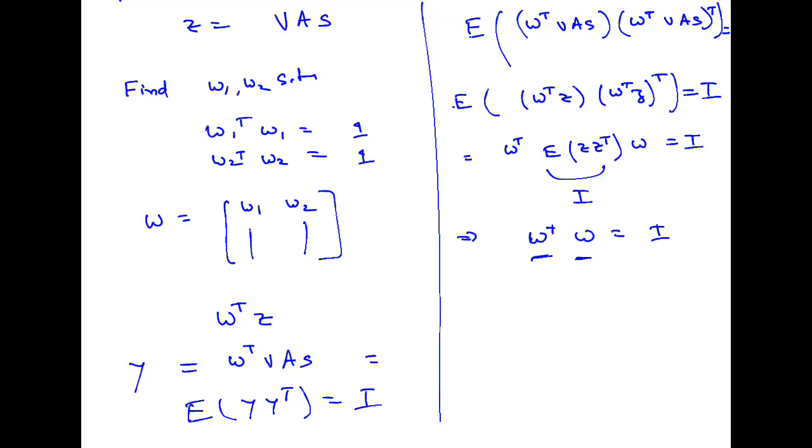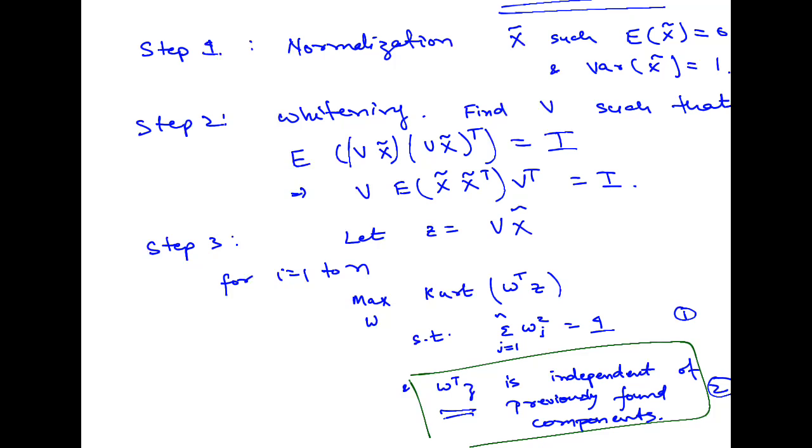So can you go back to the page where you wrote the confusion? Yeah. So in this, the second part you are saying that W transpose Z is independent of previous components. So that means the dot product is 0. Yeah. So that is, I mean, see, I'm abusing notation a bit. Here Z is a random variable. You can also think of it as observations.